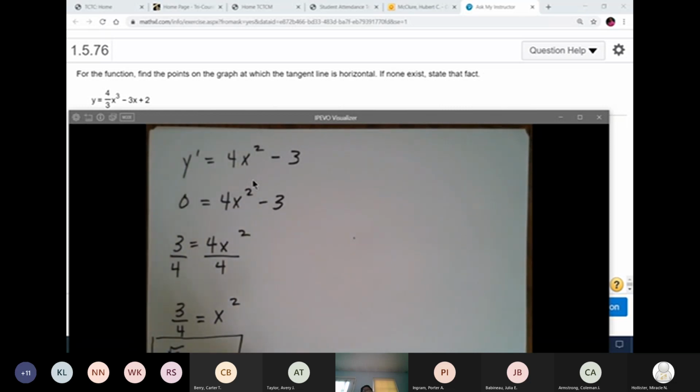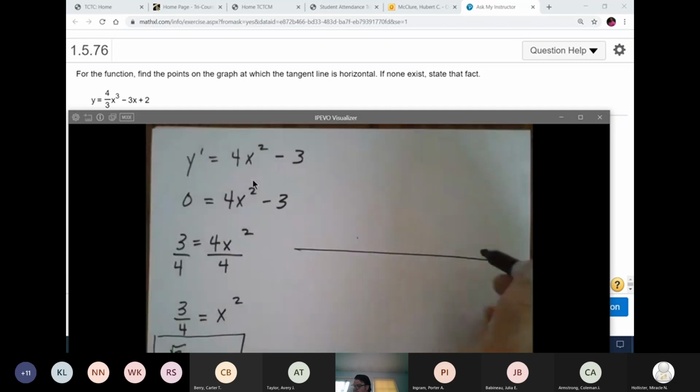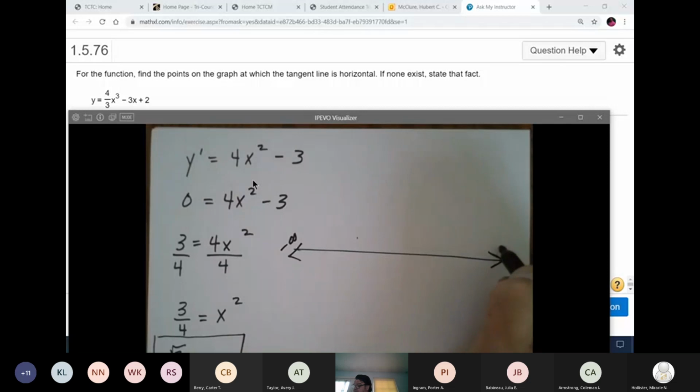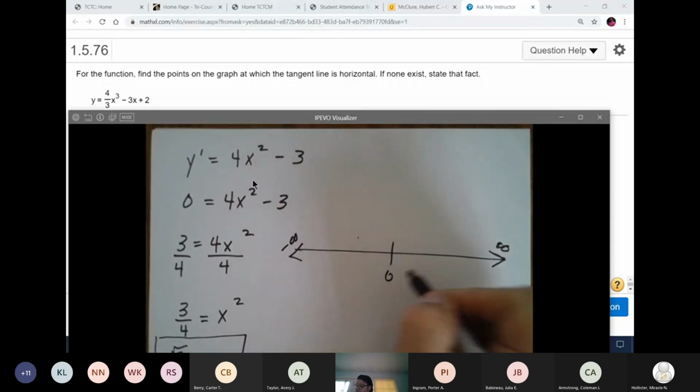Now that's also the positive and negative. Okay, positive and negative square root of 3 over 2. So you have a positive and a negative. And if you look at the number line, this is negative infinity, this is positive infinity, and you have 0 here.